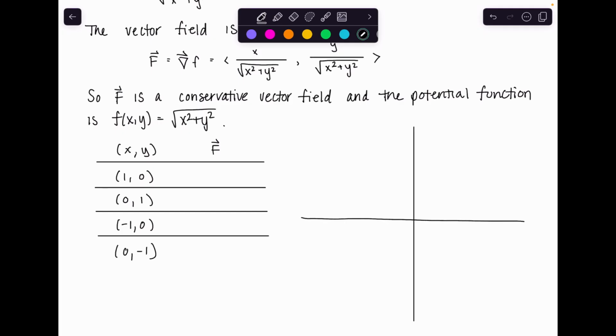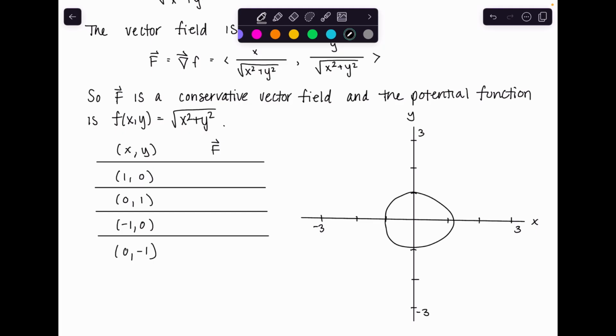And on this one, since I am going to do more points, I'm going to go out a distance of 3 in every direction, because we're going to find stuff on that circle of radius 2 as well. And then I'm going to go ahead and sketch in my 2 circles.